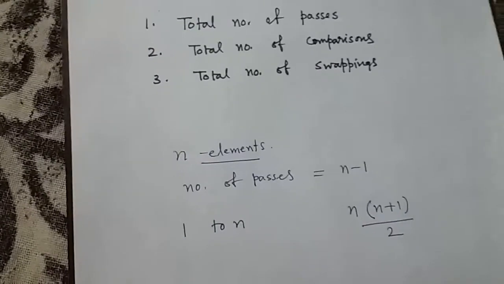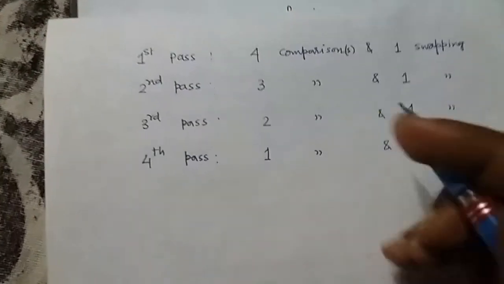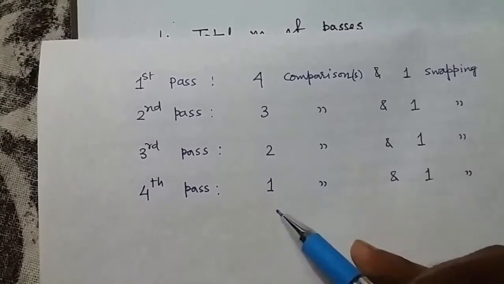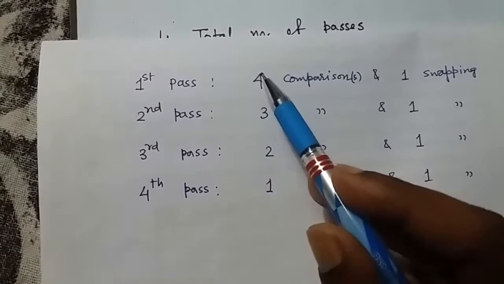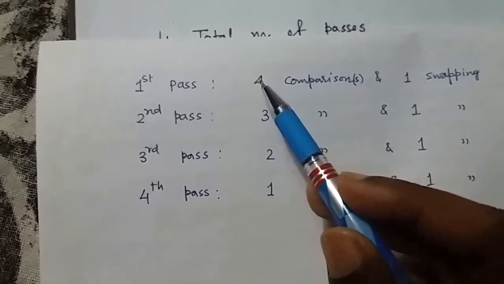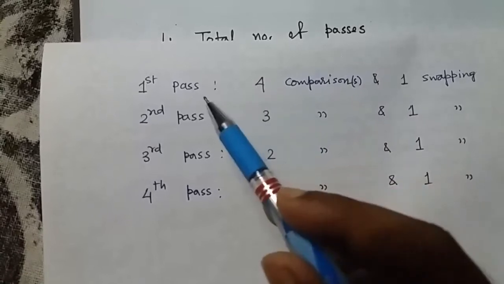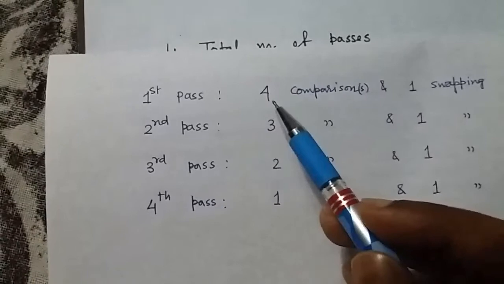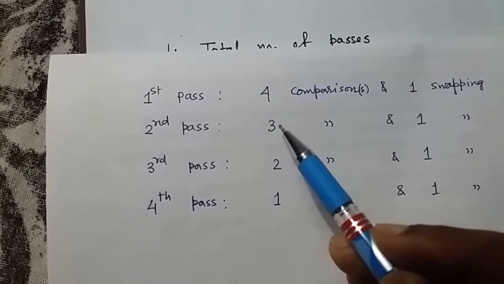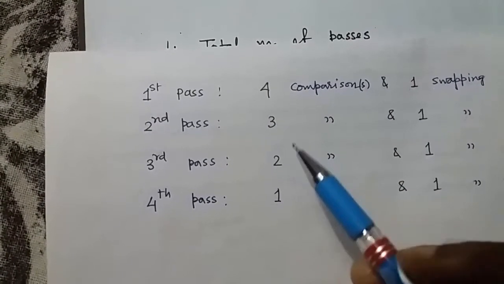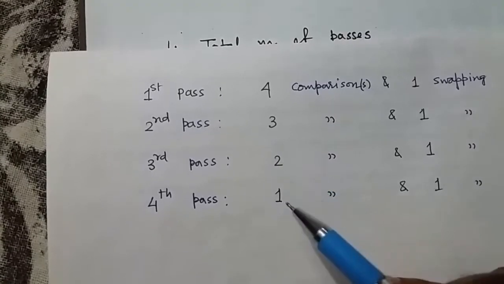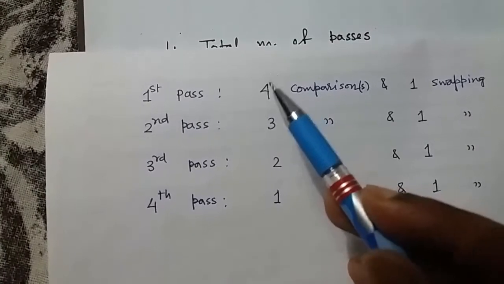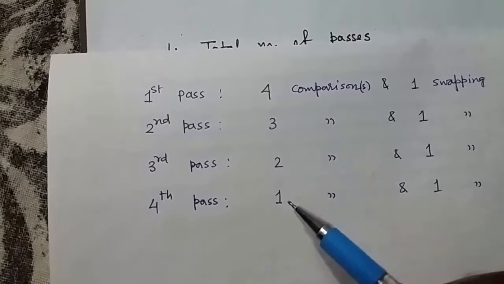So in our analysis you can see first pass 4 comparisons, then 3, then 2, then 1. So actually in case of 5 elements, we are getting 4 comparisons at first in the first pass, then 1 comparison decremented, then 1 comparison decremented, so it is ending at 1.